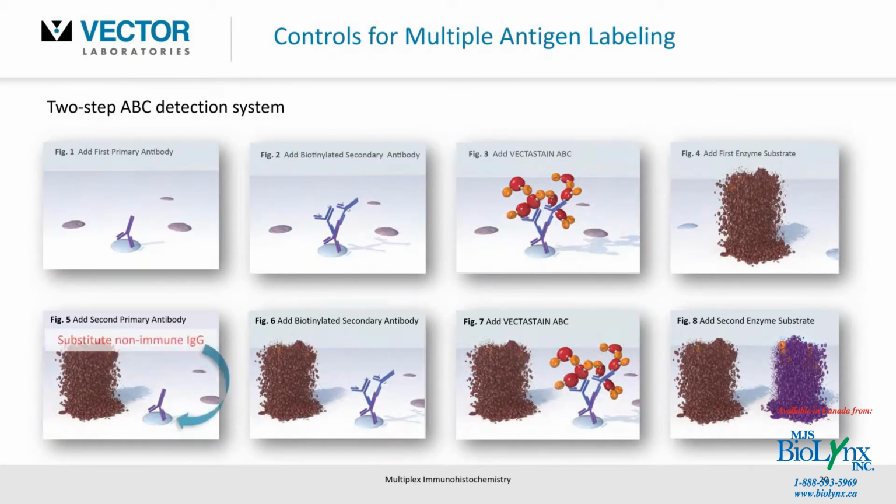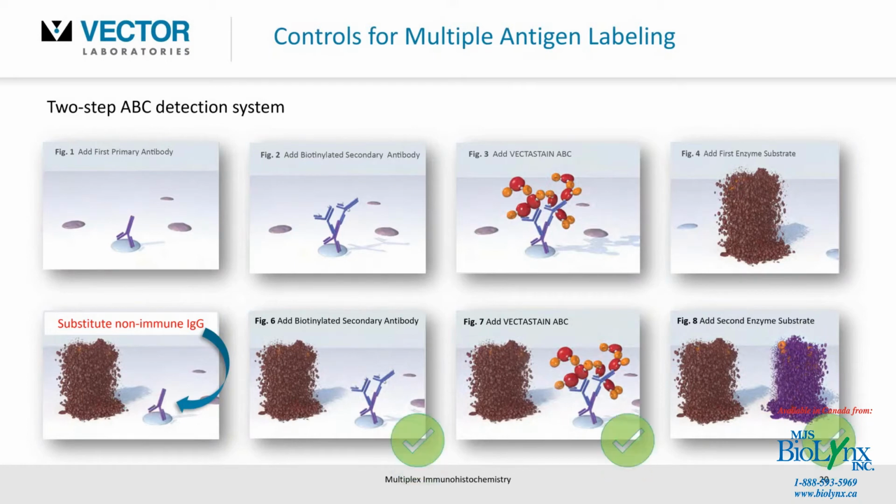And what you'll have to do is substitute in, very similar to the one I just showed you, a non-immune IgG here, but then run all of these other secondary detection systems to ensure you are not getting cross-reactivity with any of the first label. Again, if you do see staining in this scenario, you're going to have to run further defined deletion controls, eliminating this particular step, eliminating that step, just applying substrate alone, and then work forward, applying the ABC enzyme reagent, and then the chromogen, then the secondary ABC and enzyme as well.